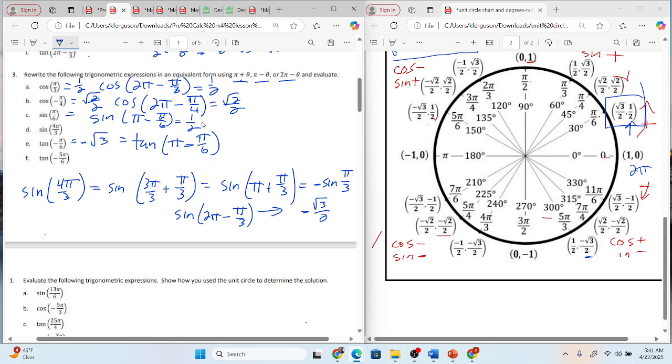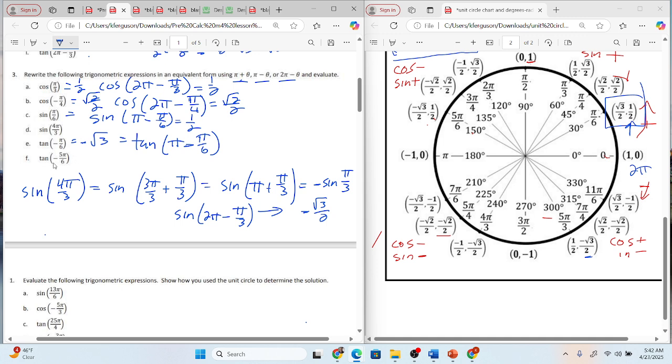All right, finally, let's see what we got. So I'm dealing with this right here. So I've got negative 5 pi over 6. So how do I deal with that? Negative 5 pi over 6.